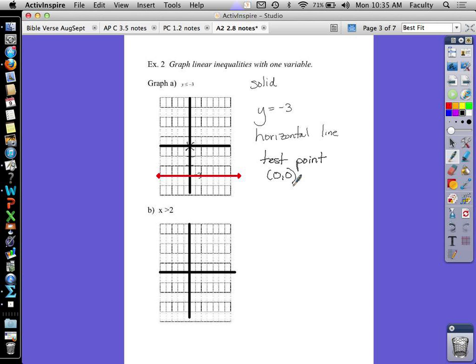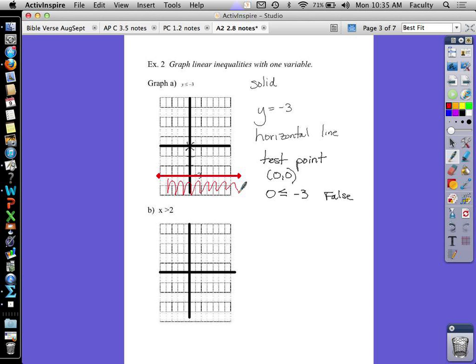And you go to the inequality. Now there's no x, so I have nowhere to plug that in. So it says 0 is less than or equal to -3. Is this true or false? This is false, so I don't shade where the test point is. I shade on the opposite side. Okay?